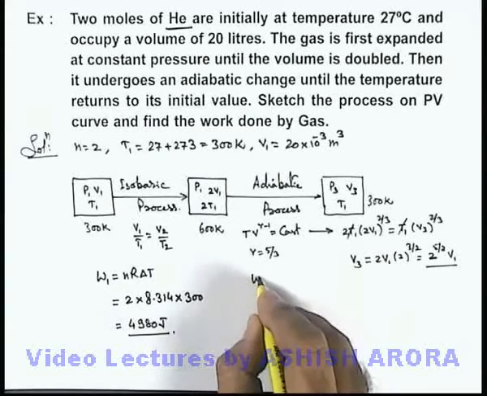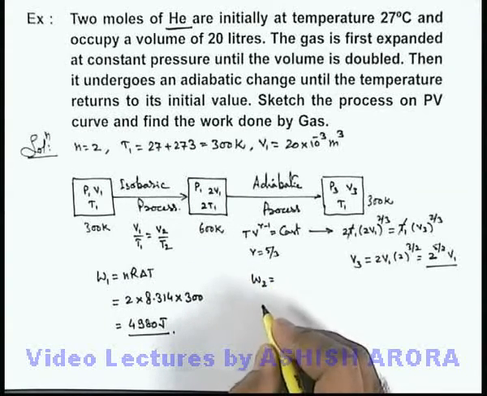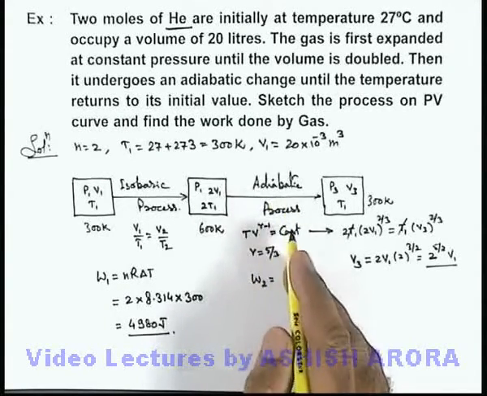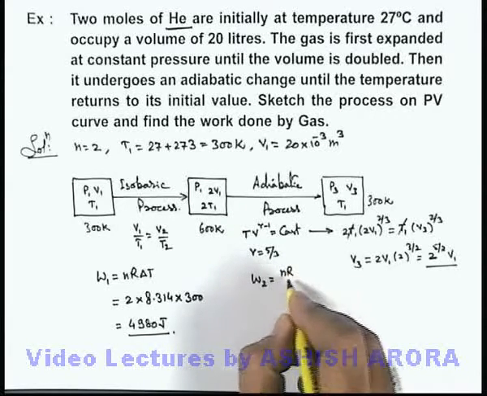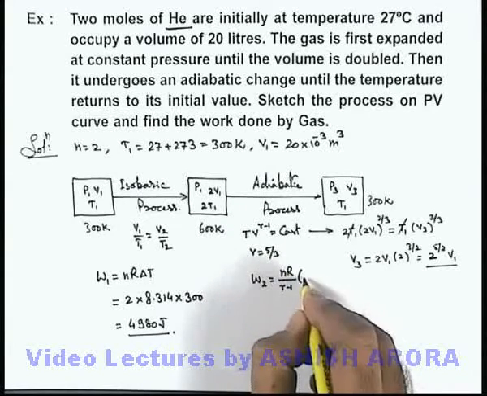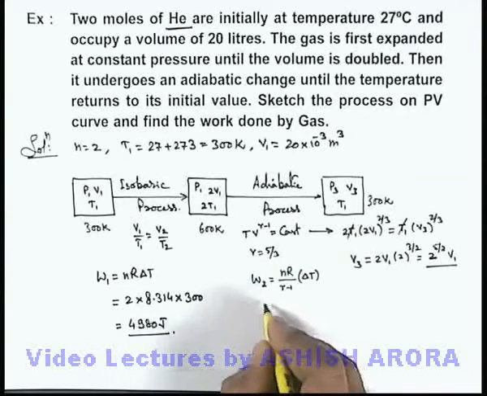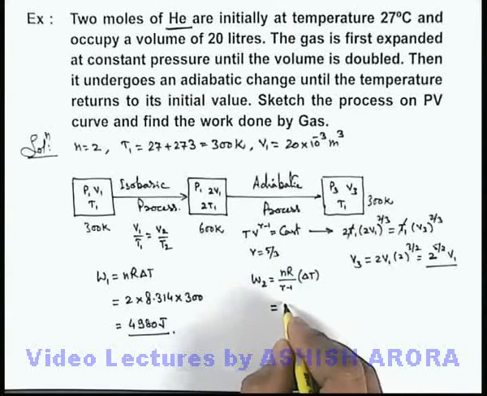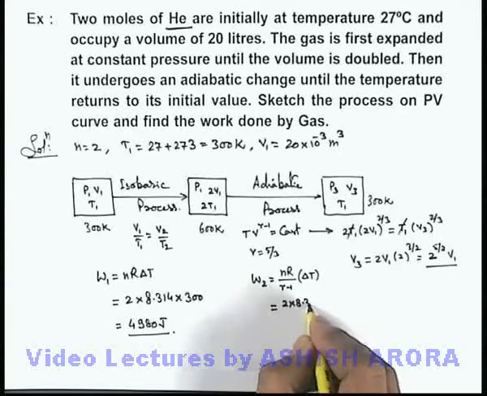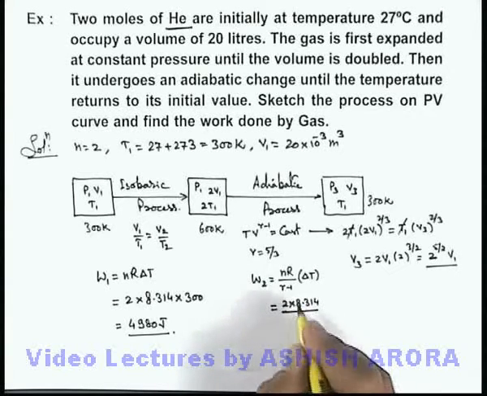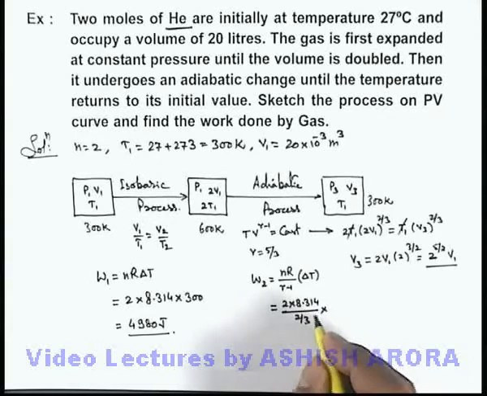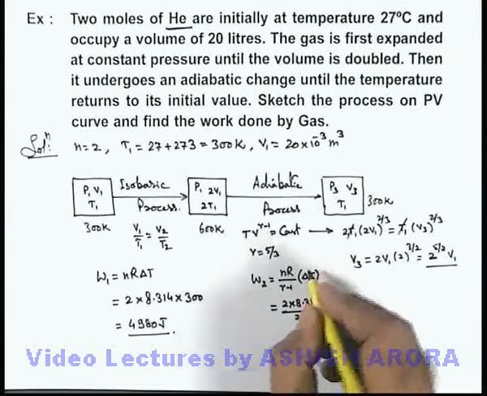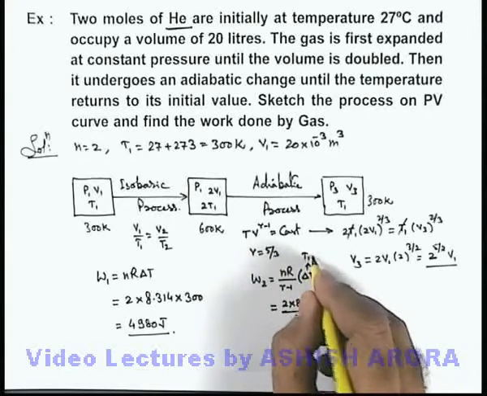In the second process, if we calculate the work done W2, as being an adiabatic process, work done we can write as nR by gamma minus 1 into delta T. So in this situation, if we substitute the values, it is 2 into 8.314 by gamma minus 1, that is 5 by 3 minus 1, which is 2 by 3, multiplied by delta T. Here actually this delta T is T1 minus T2.